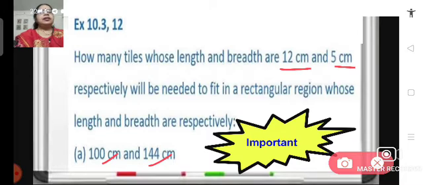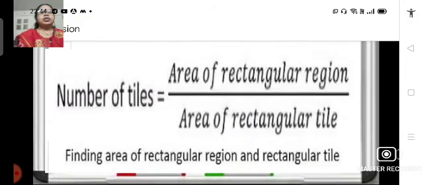We have to find the area of each tile, and we have to find the area of the rectangular region. And when we divide the area of rectangular region by the area of a single tile, we will get the number of tiles that is required. Let's see how we solve this problem.